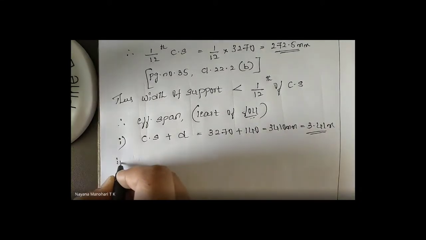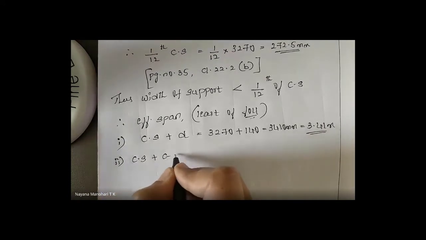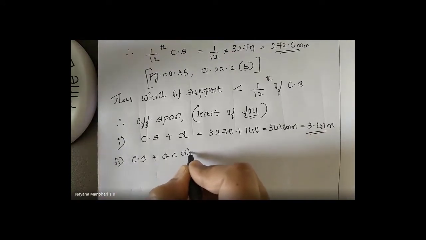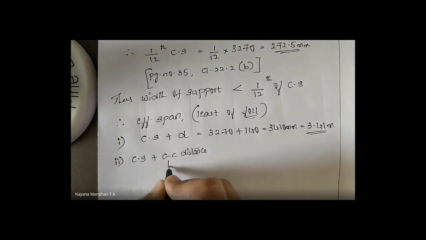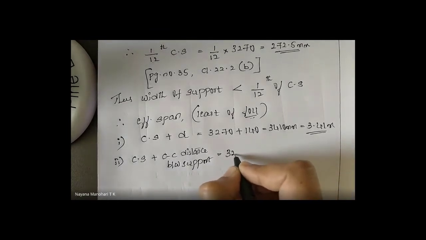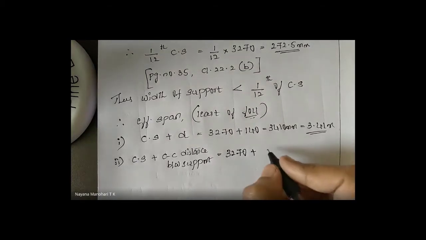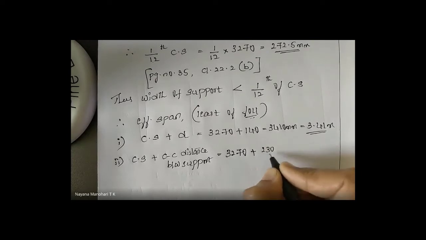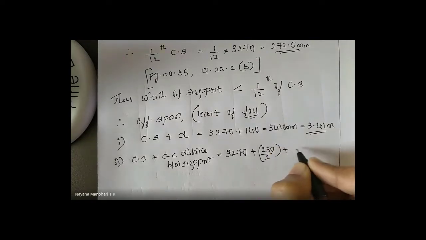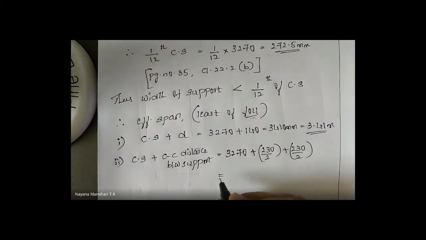Then the second formula to calculate effective span is the clear span plus center to center distance between the support. That will be equal to, clear span is 3270 plus 230 divided by 2 plus 230 divided by 2. Then you will get it as 3500 mm.